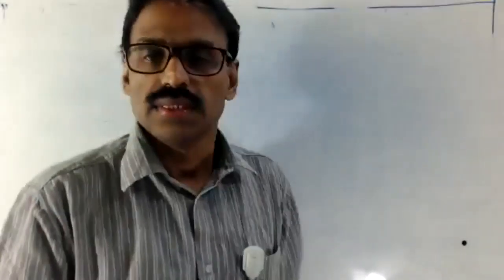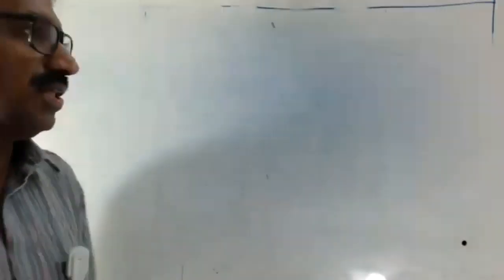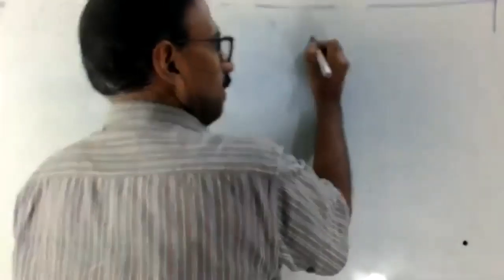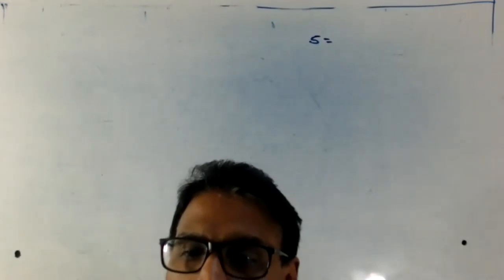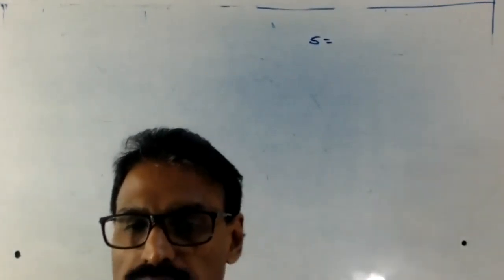Okay, listen. Root 5, always you keep it. Look at here. 5, we split into two perfect squares. Now don't type, you listen here.